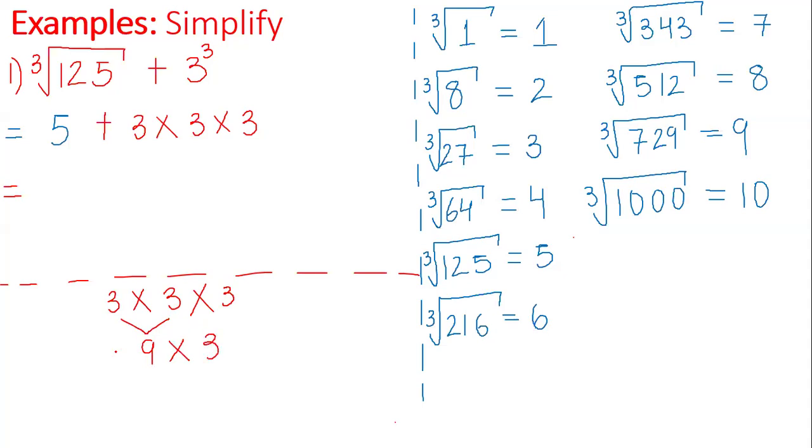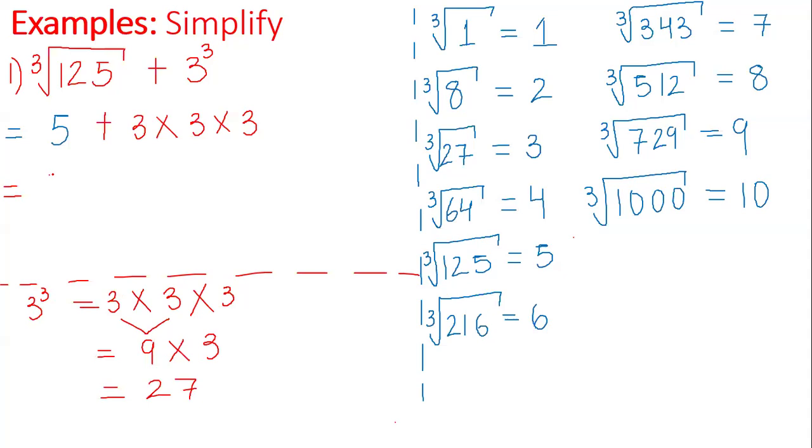Then we have 9 times 3, which is what? 27. 27, good. And so 3 cube will be 27. 3 cube is what? 27.